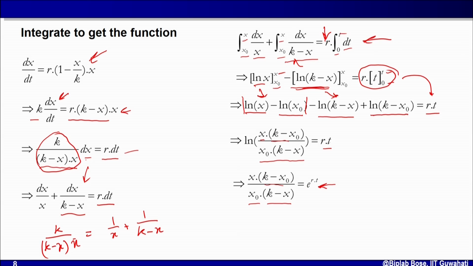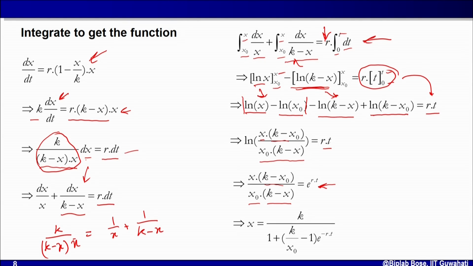Remember, I want x as a function of time. So I will keep x on one side of the equal to sign and keep everything else on the other side. So that's what I have done here. Rearrange the terms and I get x equal to K, the carrying capacity, divided by 1 plus (K by x naught minus 1) into e to the power minus RT.